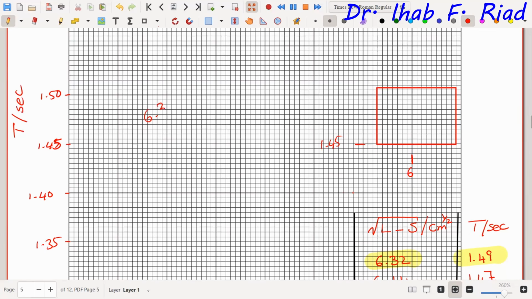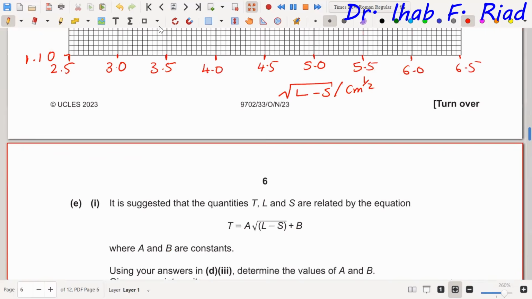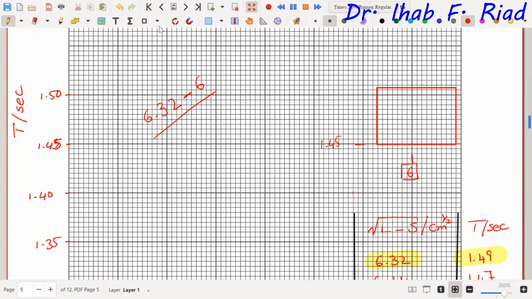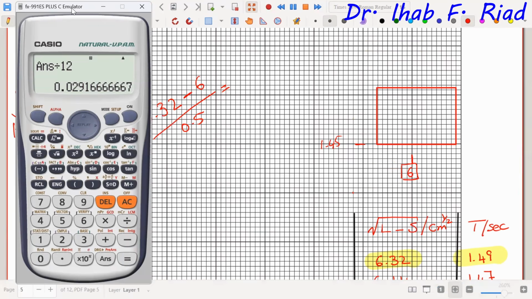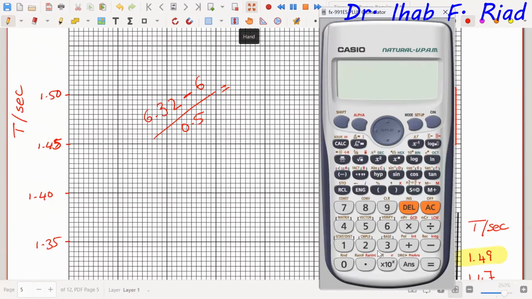We say 6.32 minus, what is the scale mark which is closest to it? 6. And what is the scale on the x-axis? 0.5. Okay, do the math. 0.32 divided by 0.5.